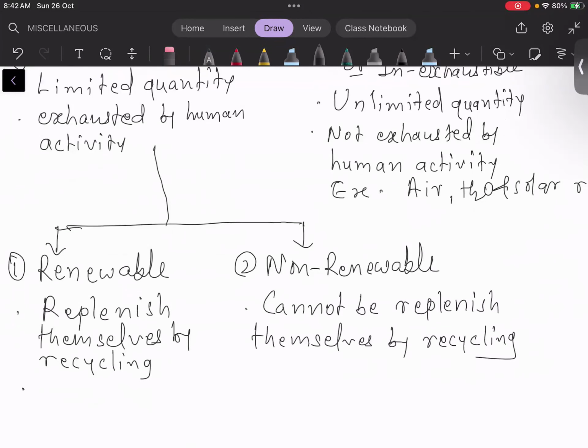Generally, renewable resources are not likely to be exhausted.